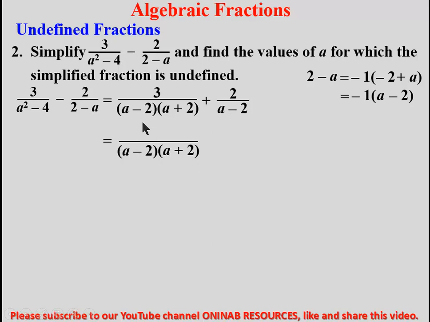Now, this LCM divided by the denominator here gives 1. That is a minus 2 into a plus 2 divided by a minus 2 into a plus 2 gives 1. 1 times 3 gives 3. Then plus a minus 2 into a plus 2 divided by a minus 2 gives a plus 2. We remove this a minus 2, and we will be left with a plus 2 multiplied by 2. We have it as 2 into a plus 2.